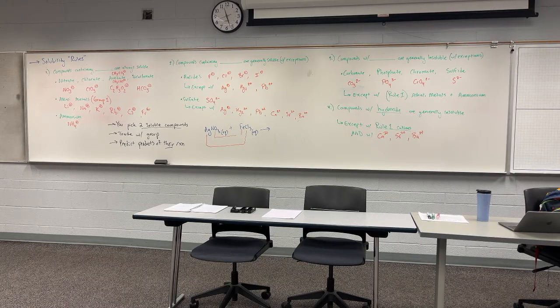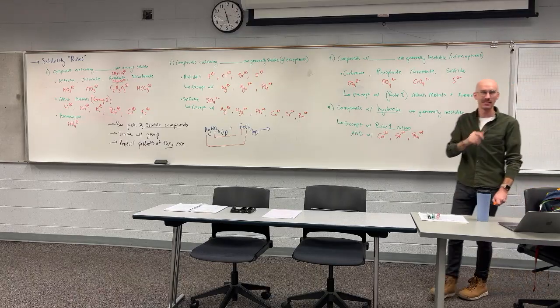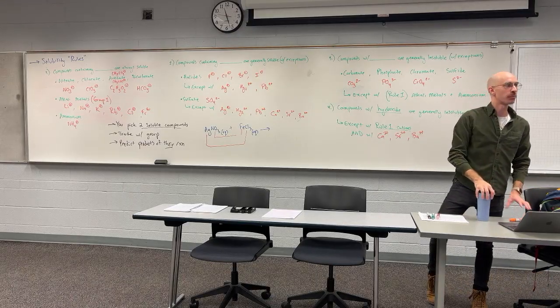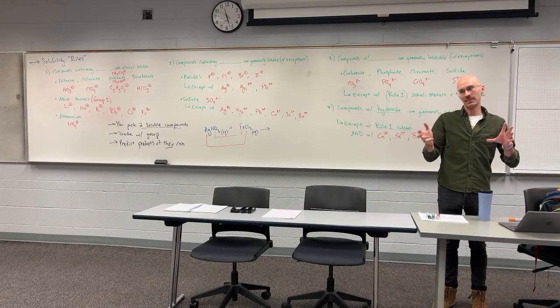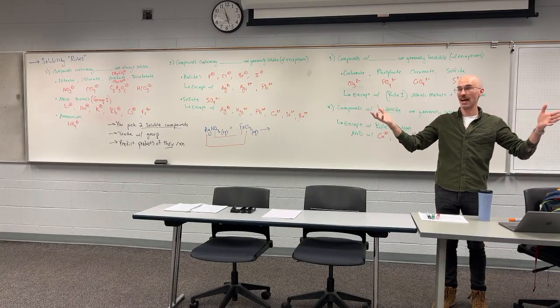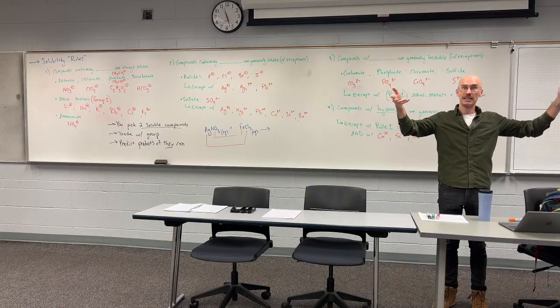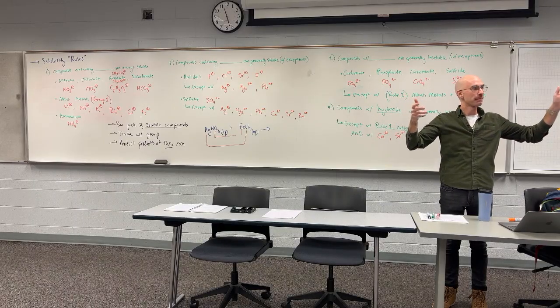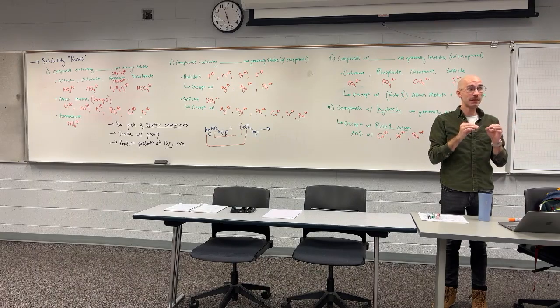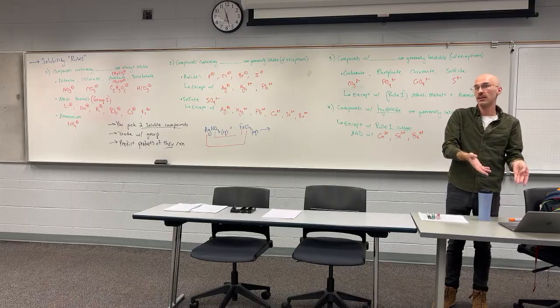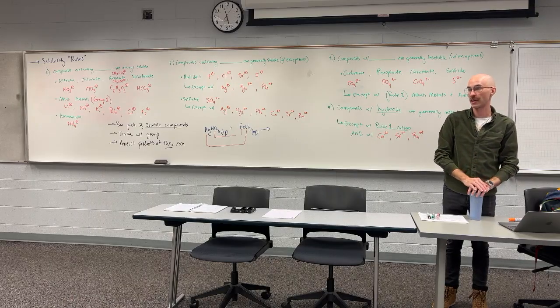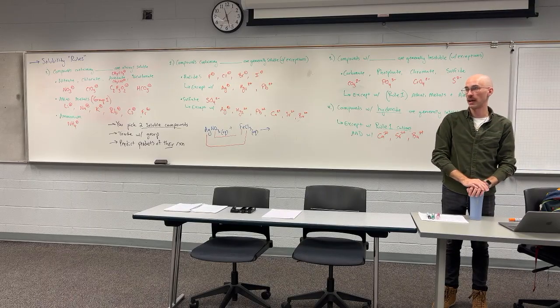So listen, this exercise was meant to help you predict products, not necessarily to show a precipitation reaction, because that only happened less than half the time. But even being able to say, I picked two compounds and they do not form a precipitation reaction, is a good skill to have.